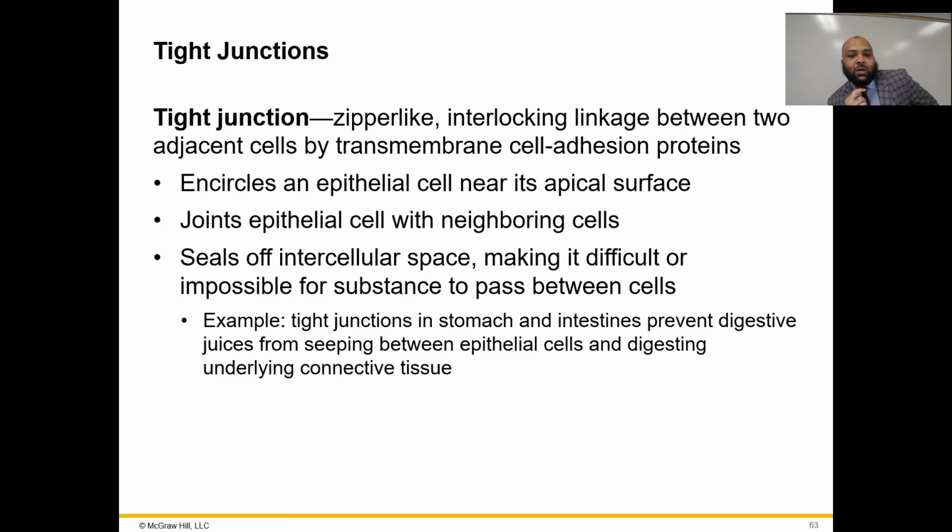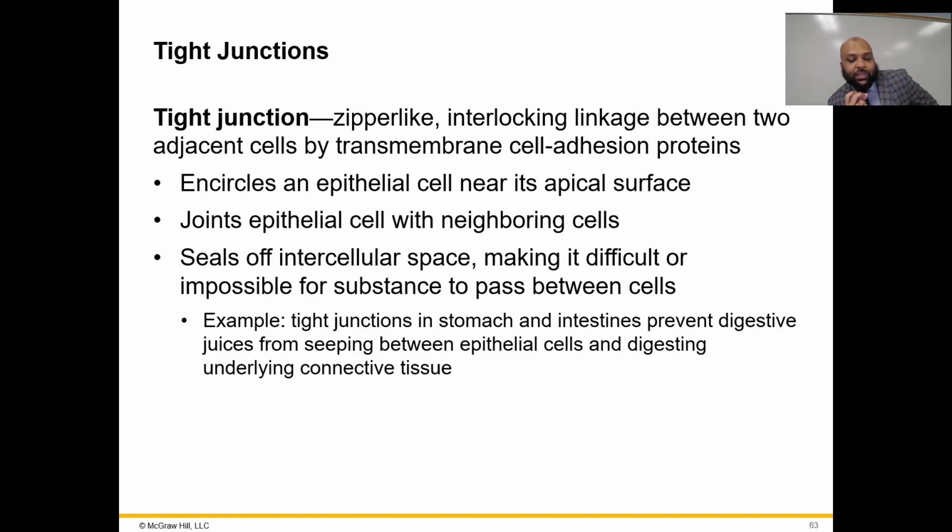They encircle an epithelial cell near its apical surface and join it with neighboring cells. They seal off the intercellular space, making it difficult or impossible for substances to pass between the cells.